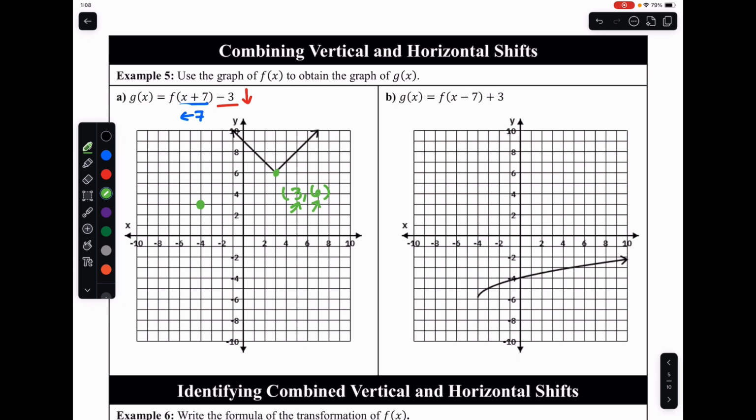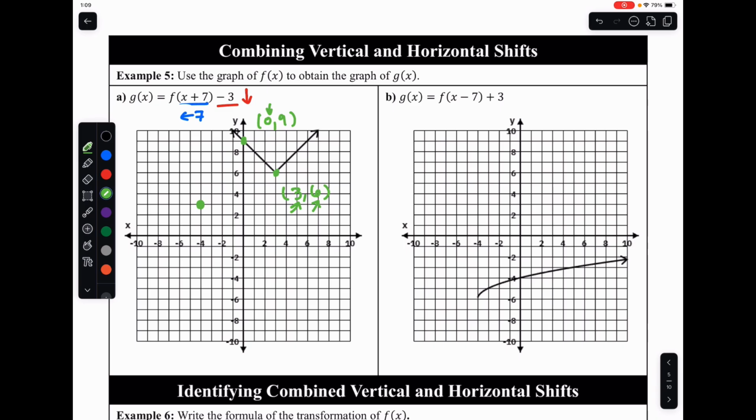And then I would just get any other point. Let's say this point right here, which is at 0, 9, and do the same operations. To shift it to the left, that subtracts 7 from the 0, so negative 7. And then minus 3 to move it down 3, I would subtract 3, so 6.